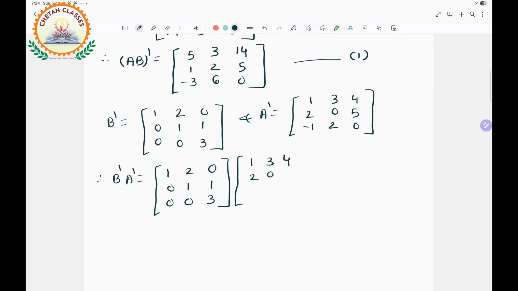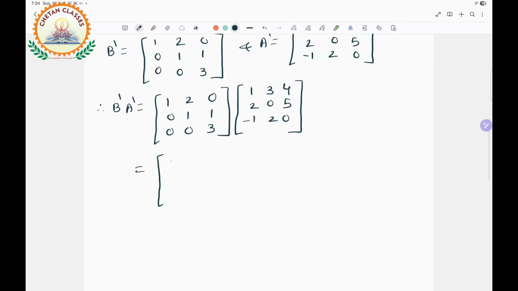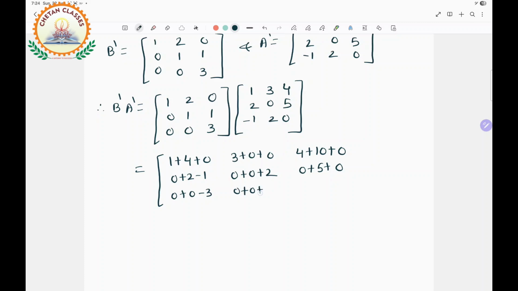So 1 3 4 2 0 5 minus 1 2 0 is equal to, here 1 plus 4 plus 0, now 3 plus 0 plus 0, now 4 plus 10 plus 0, now 0 plus 2 minus 1, then 0 plus 0 plus 2, then 0 plus 5 plus 0, here 0 plus 0 minus 3, 0 plus 0 plus 6 and 0 plus 0 plus 0 is 5 3 14 1 2 5 minus 3 6 0.